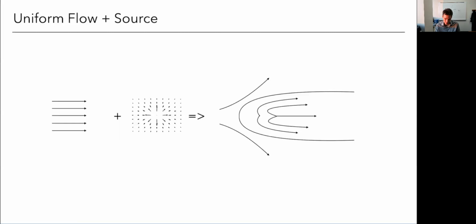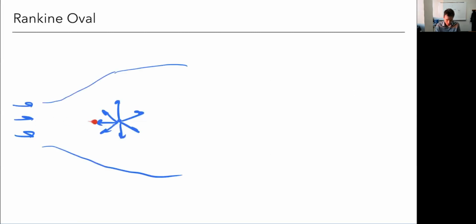So I know that somewhere along this line, this arrow is going to exactly cancel with that arrow, right? And that's going to be my stagnation point. So there's some stagnation point somewhere where this V, which is going this way, is exactly the same as gamma over 2 pi r. In fact, I can find out exactly where that is.